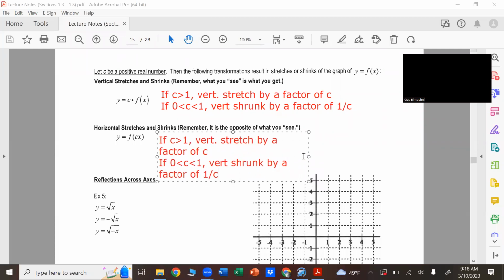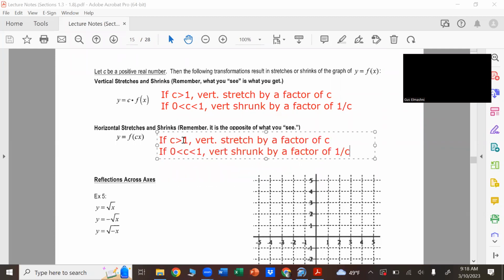Much better. Okay. So here you're going to say this. If C is bigger than 1, that's going to be horizontally shrunk. And if C is less than 1, that'll be horizontally stretched.